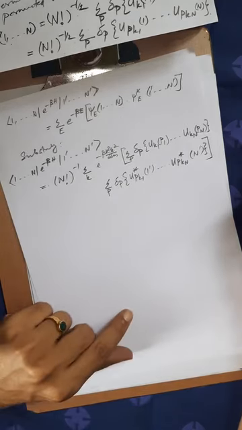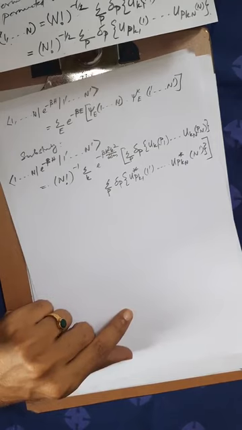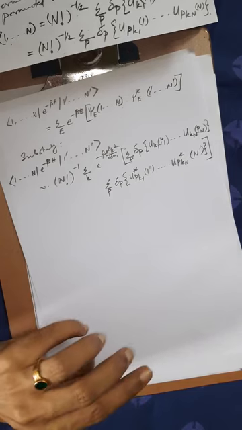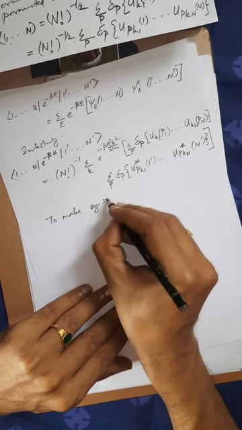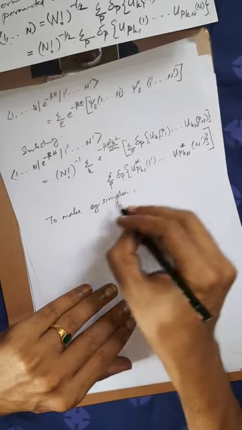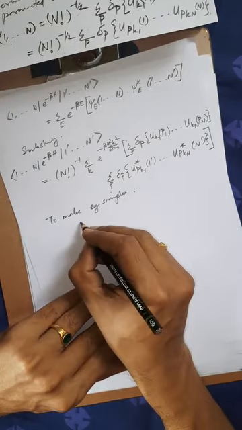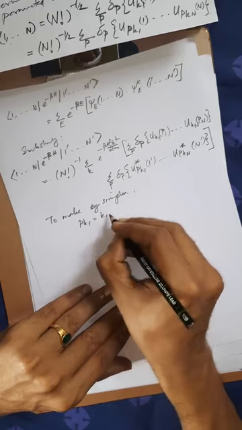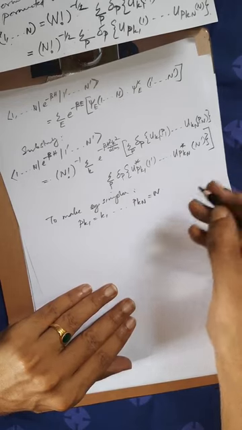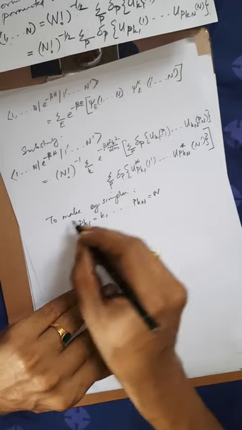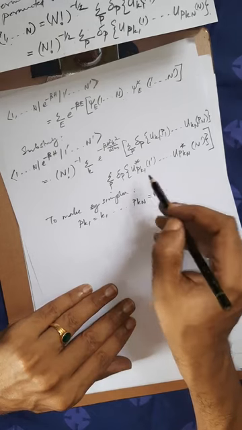That's it. Okay. Now, so as to make the derivation simpler, we will take only those permutations for which pk1 is equal to k1, up to pkn is equal to kn.